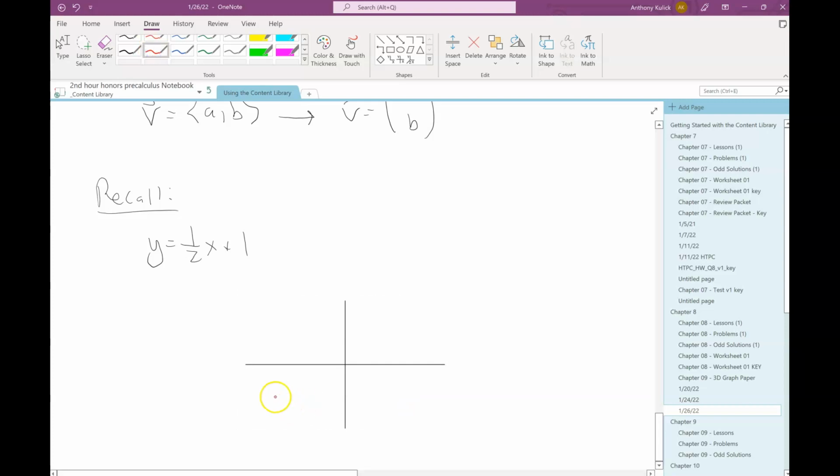If I were to graph this, we have a line like this. It's got a positive slope, not very steep, and passes through the point (0, 1).